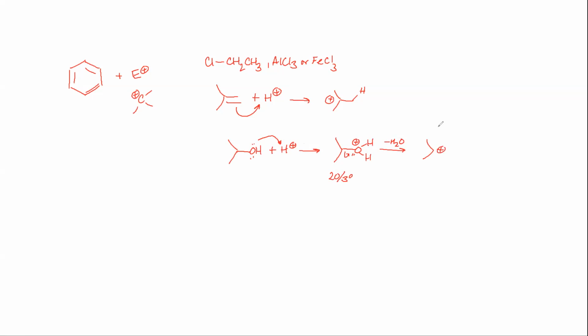Any one of those carbocations can add to the benzene ring. So actually in the list of reactions, I think I listed all 3 of these as ways to add carbocations to the ring. So that's how we can add a carbon group to the ring.